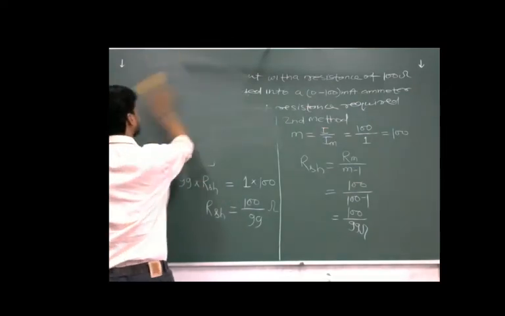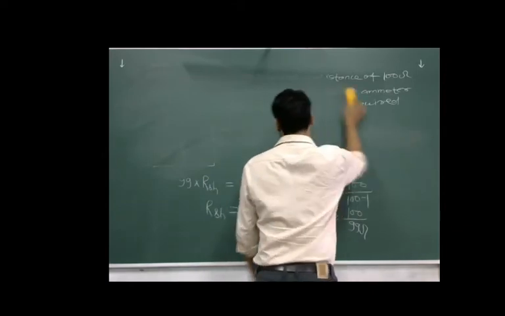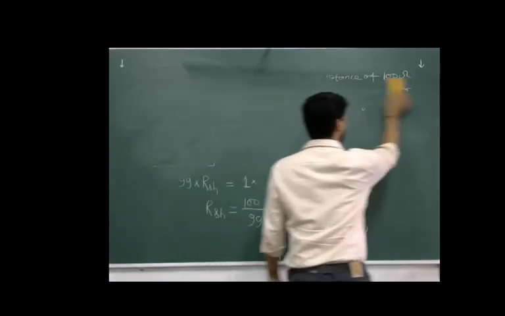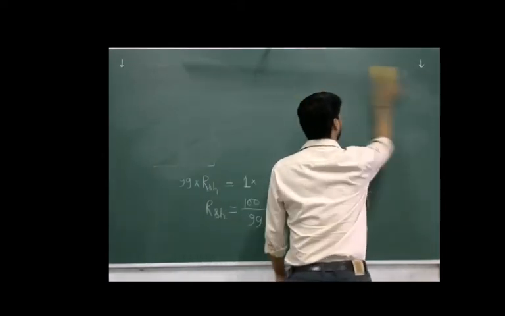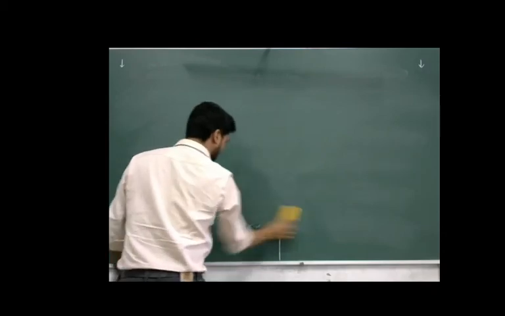By seeing this example, we can easily see how an instrument having a maximum value of 1 milliampere can be converted to measure a maximum value of 100 milliampere. Another question is there.